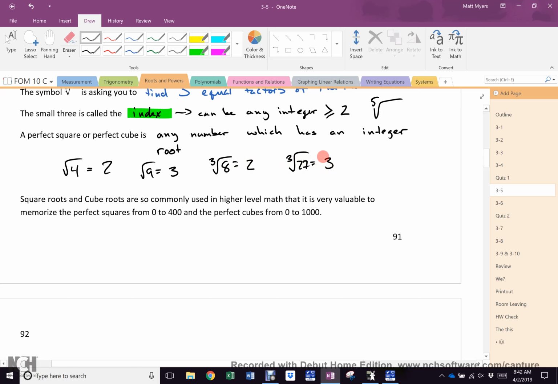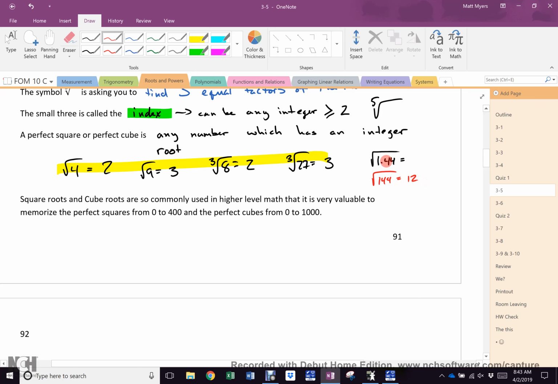Now we can go a little bit further with this. But for our purposes, this makes me happy if you understand what I'm saying. But I want you to think about it. What would the square root of 1.44 be? Don't go to your calculator, just think about it for a sec. What is the square root of 144? 12.